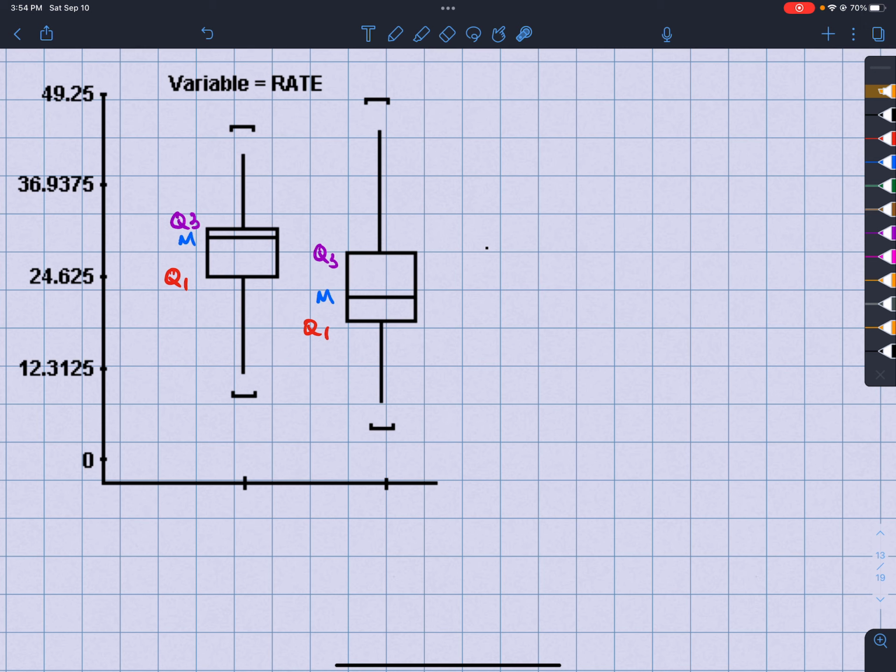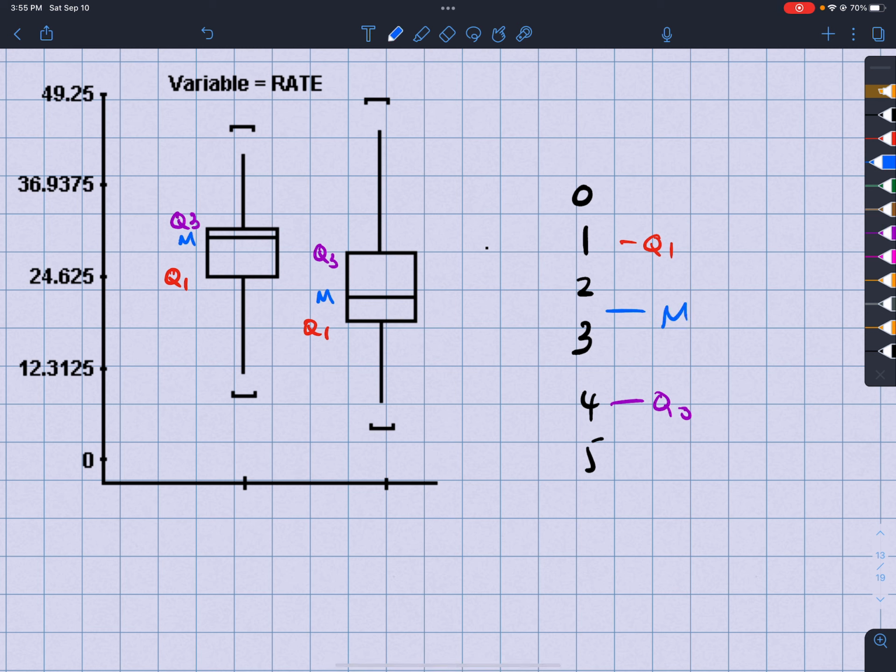So if you think about that, even if I took an example like 3, 4, 5, here's my median, and then, oops, that's not my median. My median will be right in here because there are 3 numbers above and below. Here's my Q1, here's my Q3, and this would be my median.